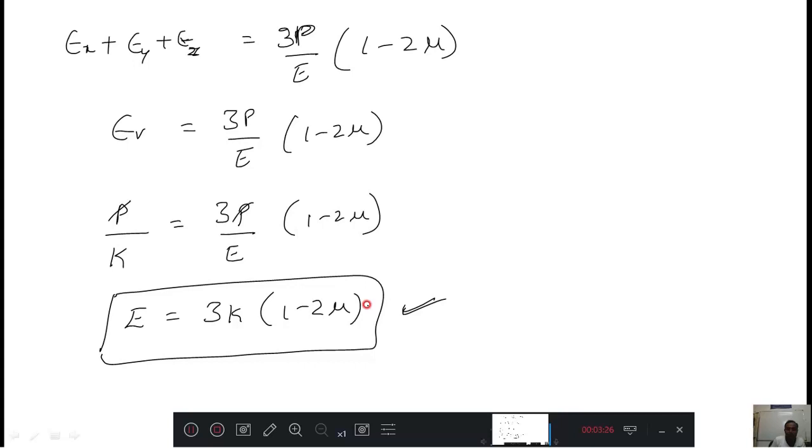Out of these two equations, that is your previous equation, E equal to 2G times (1 plus mu), and E equal to 3K times (1 minus 2 mu), one derivation will be compulsory in the examination.